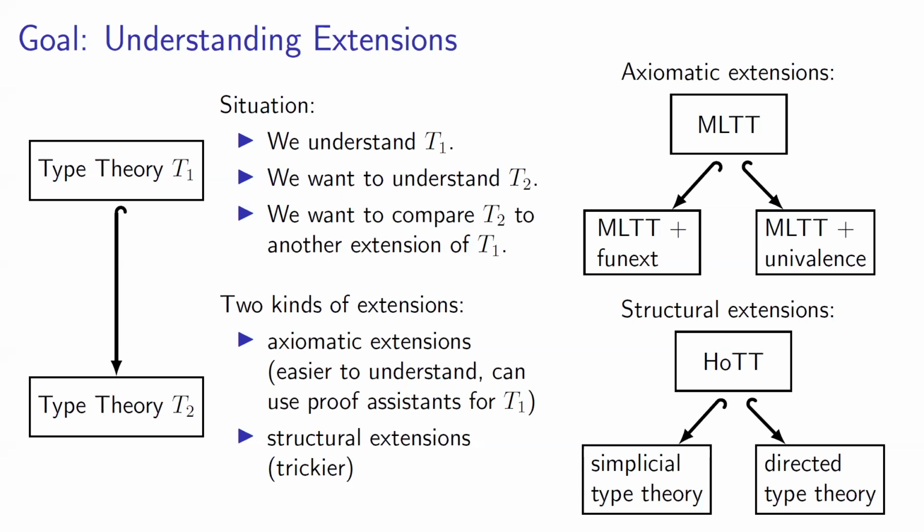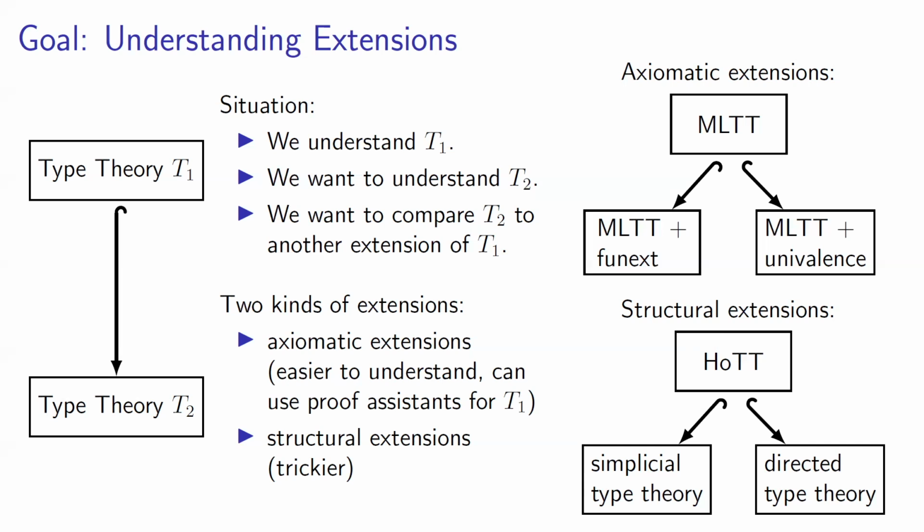We start from some type theory, T1, that we already know, and where we already know how it behaves. And then people say, okay, if we could extend it a little bit to have some additional properties or some additional abilities, then it would be more suitable for whatever we actually want to do.